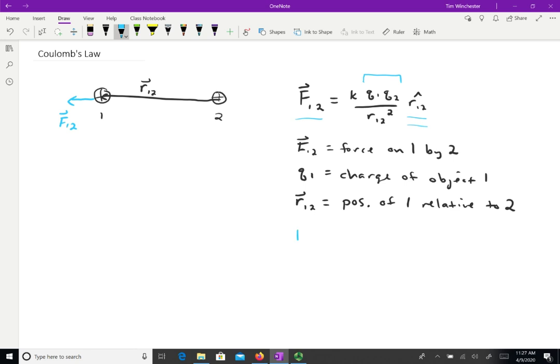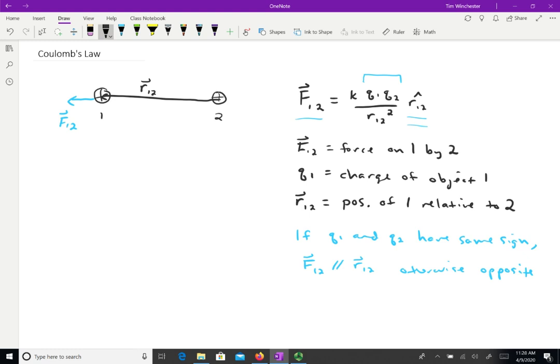Okay, so if Q1 and Q2 have the same sign, then the force is going to be parallel to R12. If they're opposite signs, then they'll be anti-parallel or opposite. Okay, so this is kind of cool. By plugging in positive or negative numbers for the charges, we get the sign to work out correctly for this law.